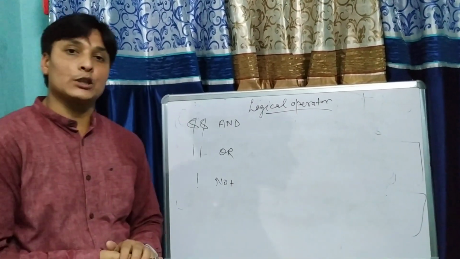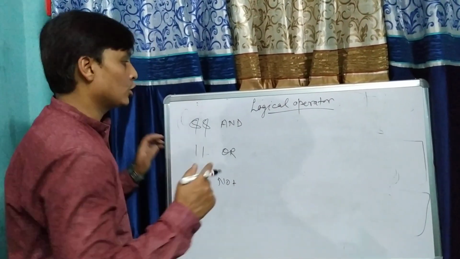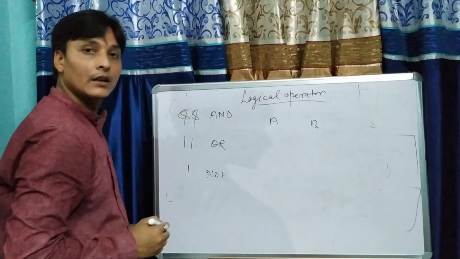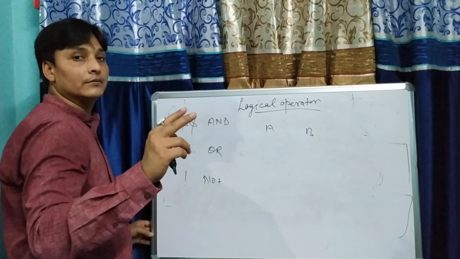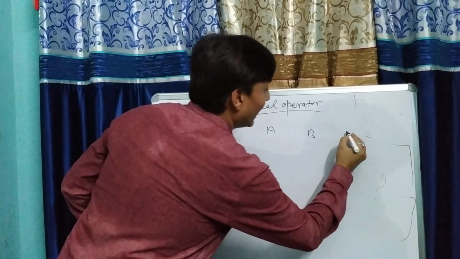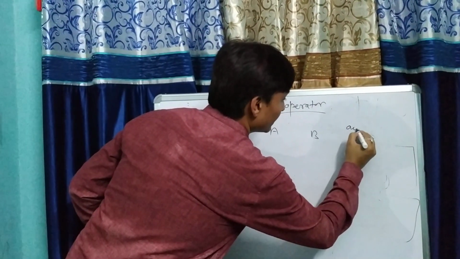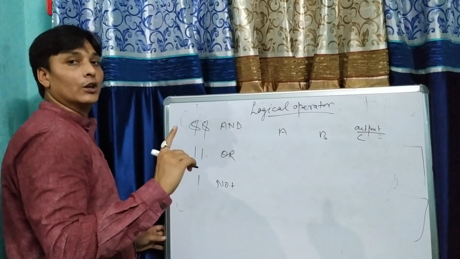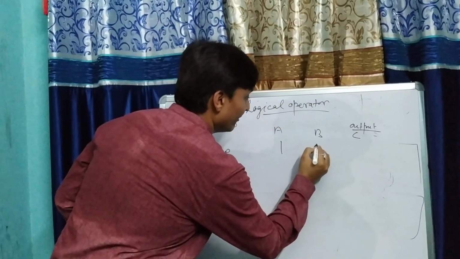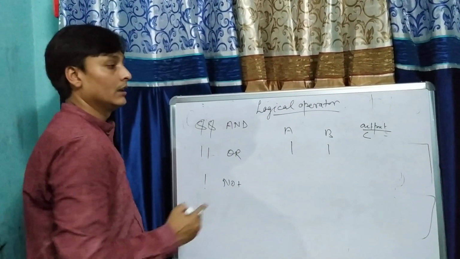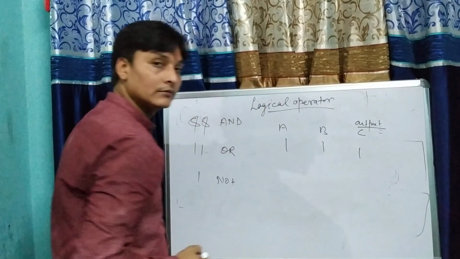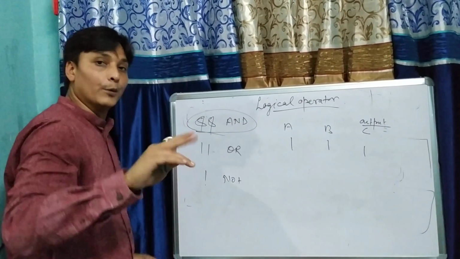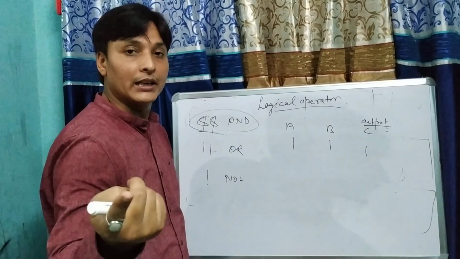What will happen in the case of AND? Suppose, students, there are two inputs A and B, and I have taken C for the output. If both inputs are 1, meaning A is 1 and B is 1, the output will be 1.